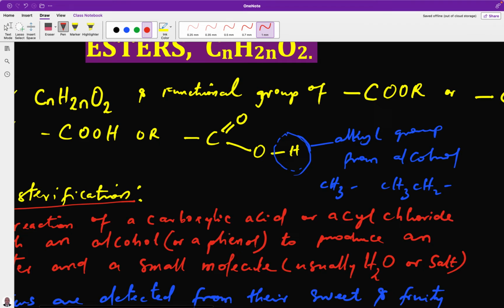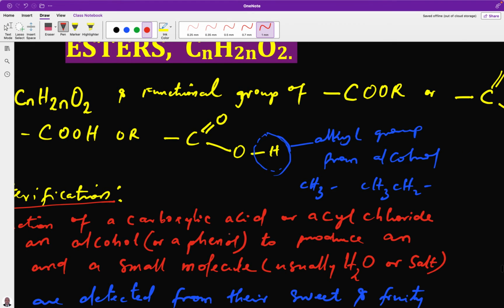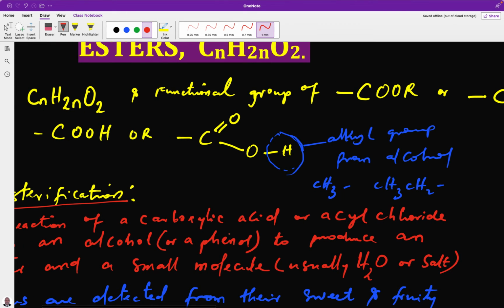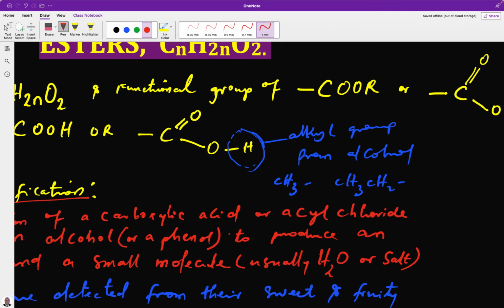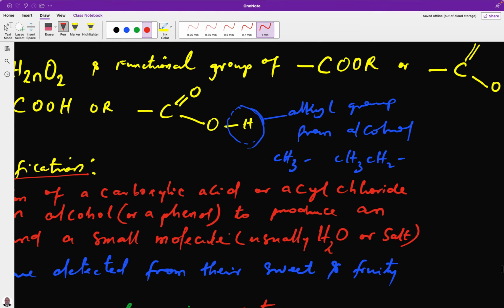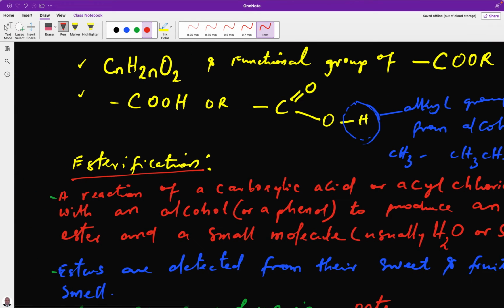I also said esters are formed when the hydrogen in the carboxylic acid group is replaced by an alkyl group, and the alkyl group is usually supplied by the alcohol. The alkyl group could be a methyl group, an ethyl group, or any other alkyl group that you might find.